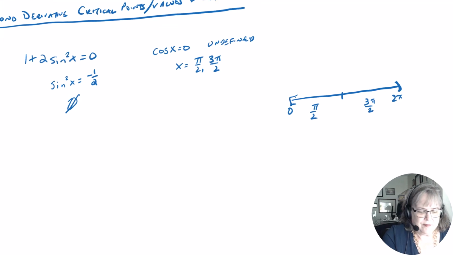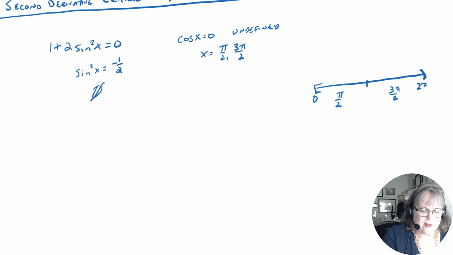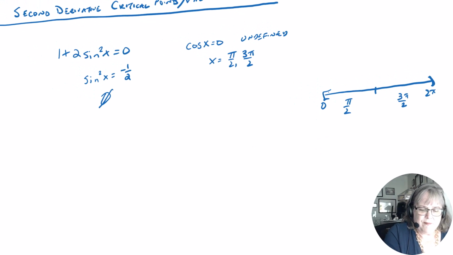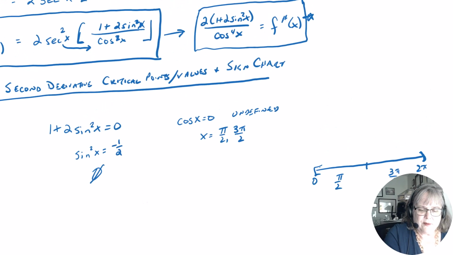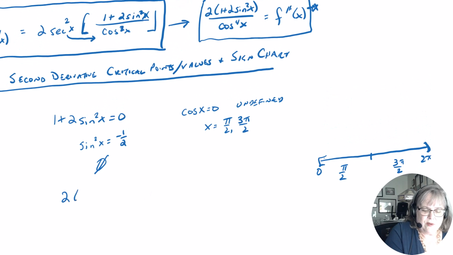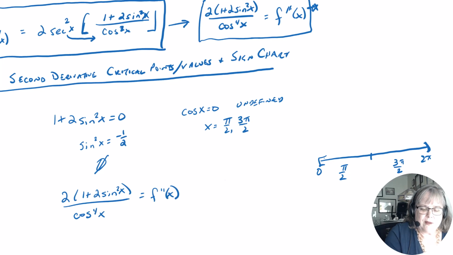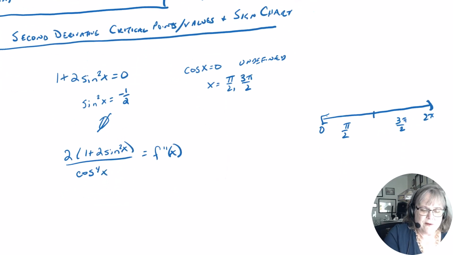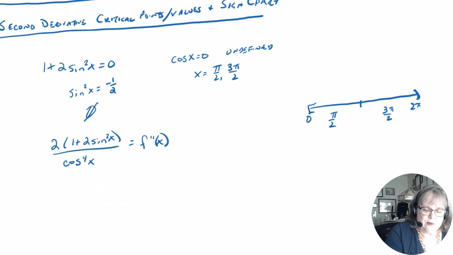All right. Now let's talk about this for just a second. All right. So what we have is 1 plus 2 sine squared x over cosine to the 4th x. Correct? Okay. Now let's talk about this. All right. So the 2 is always positive, right? You take sine of anything and square it, it's going to be positive.